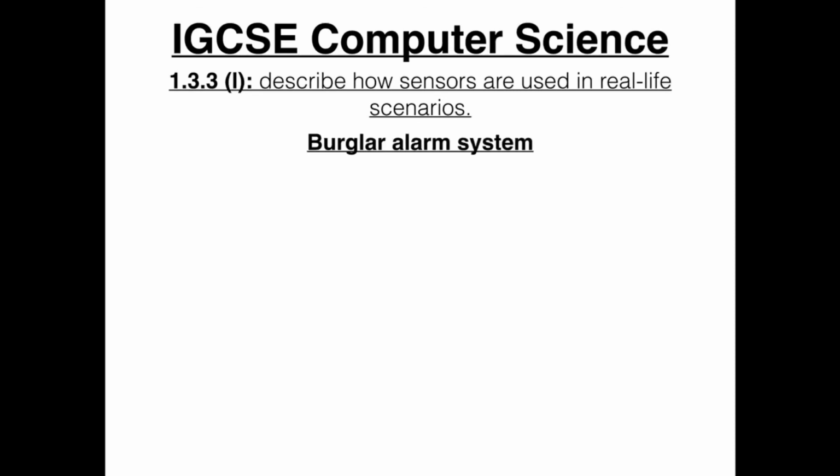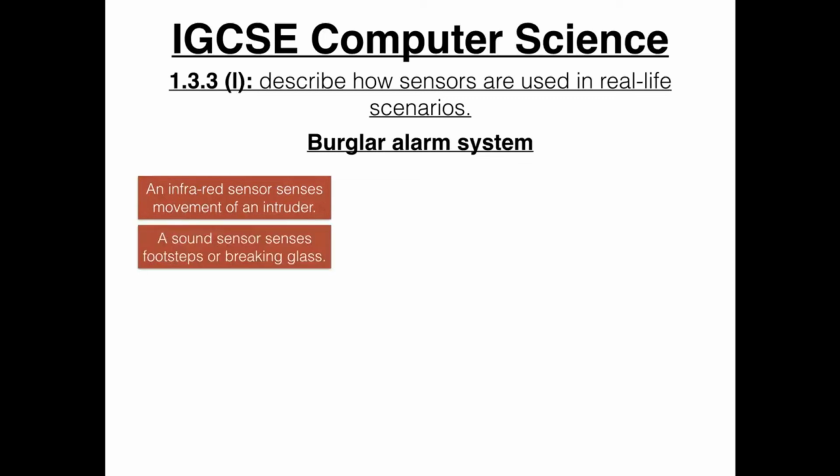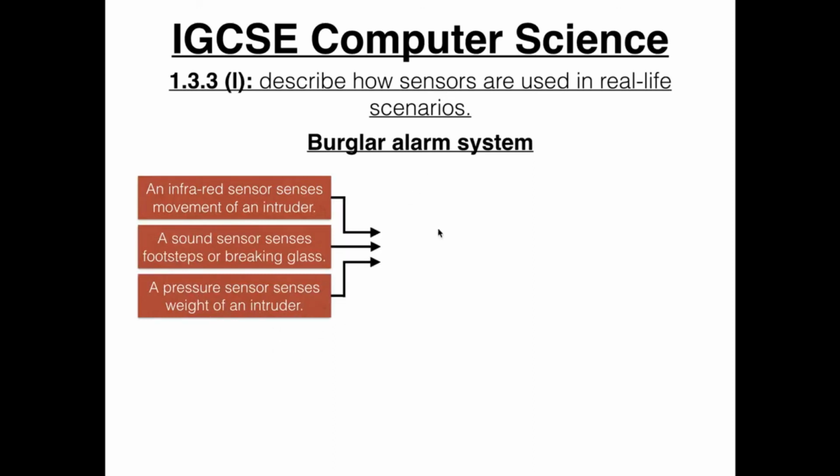Great. So let's look at a burglar alarm system, because I mentioned that with quite a few sensors in the last video. So here's how we could do it. An infrared sensor senses movement of an intruder, or a sound sensor senses footsteps or breaking glass, or a pressure sensor senses the weight of an intruder, or all three, if you really want to.